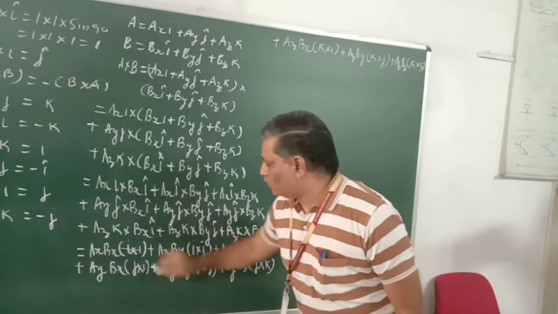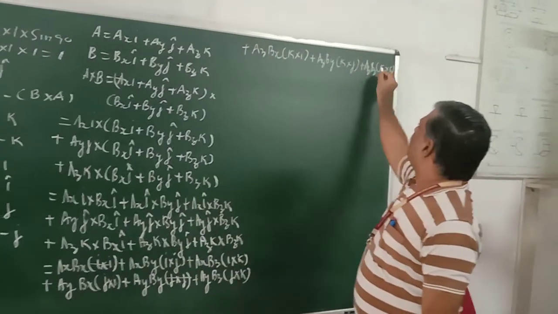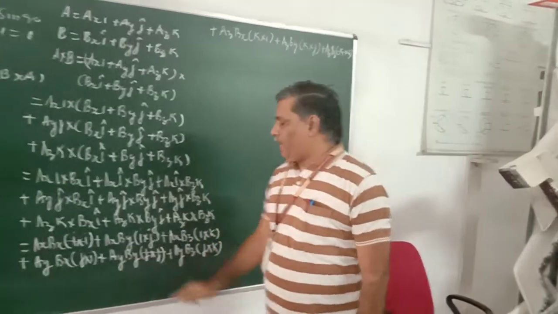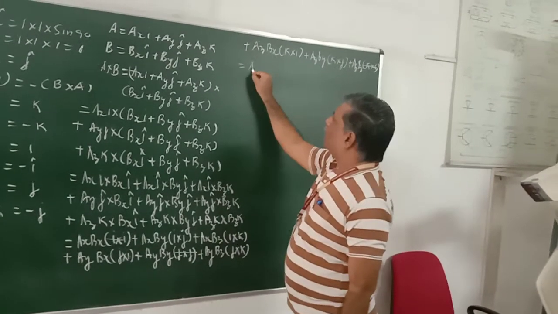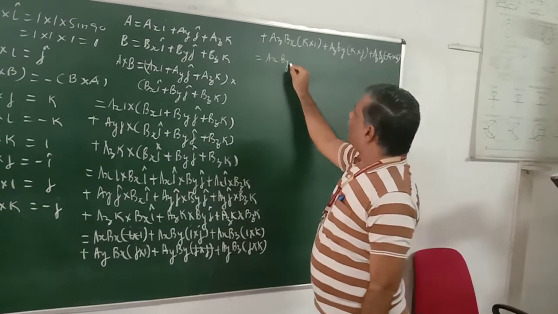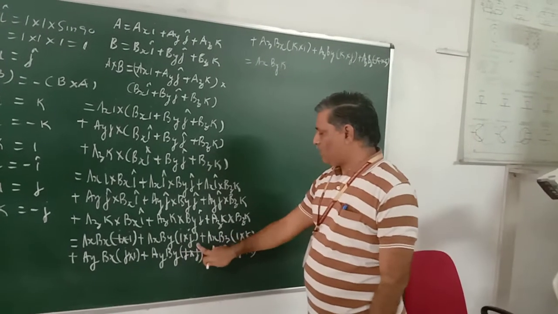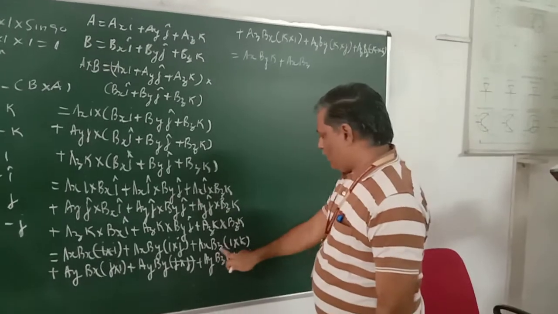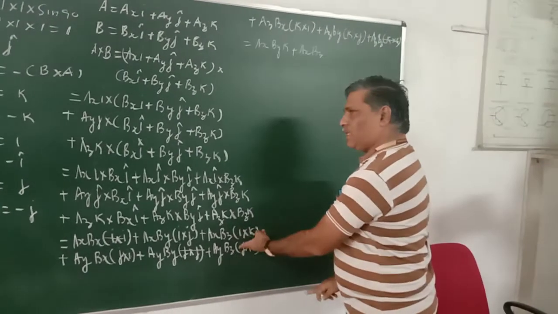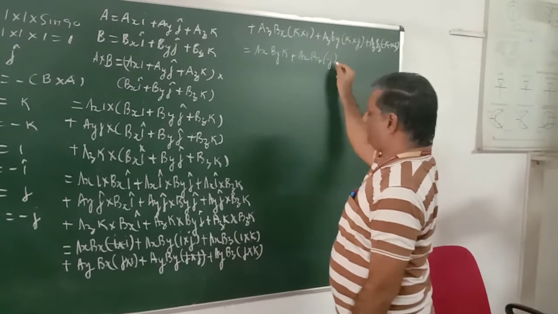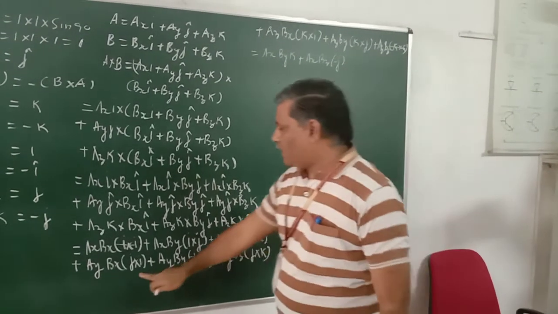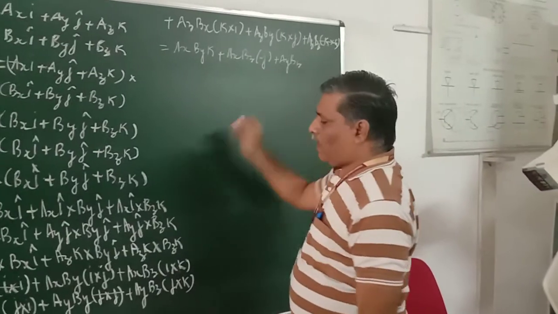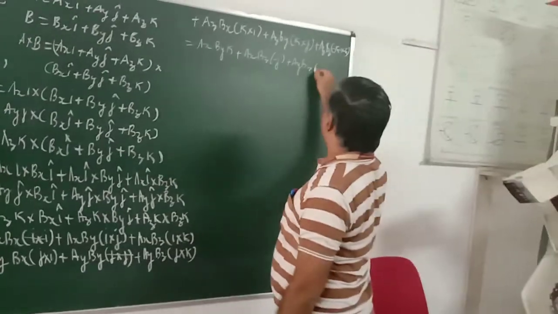i cross i is 0. j cross j is 0. k cross k is 0. There is i cross j, which is k. Therefore we get AX BY k. Plus AX BZ, i cross k is the reverse of k cross i, so it becomes minus j. Similarly, plus AY BX j cross i; i cross j is k, so j cross i is minus k.